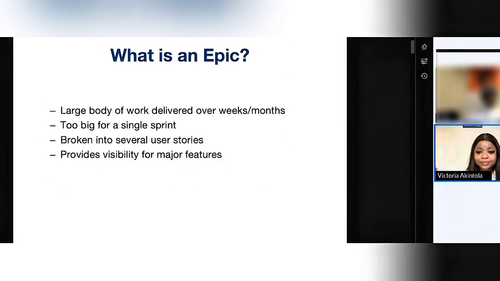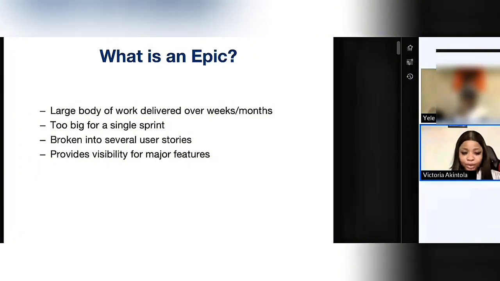It is that pillar that carries all other user stories. That is why it is broken into user stories. Your epic is incomplete. It does not explain the work that needs to be done. It only gives an overview of what we need to do without breaking it down into user stories.